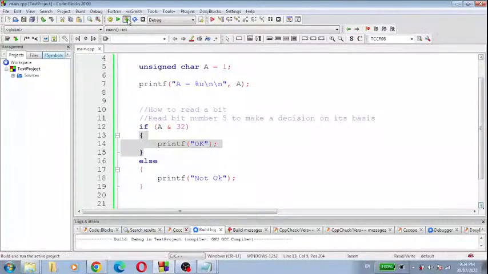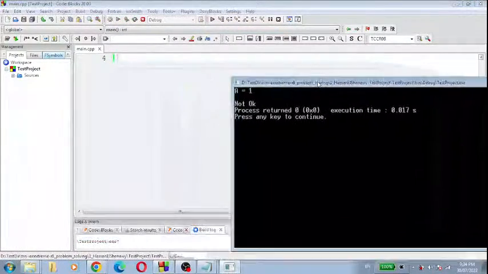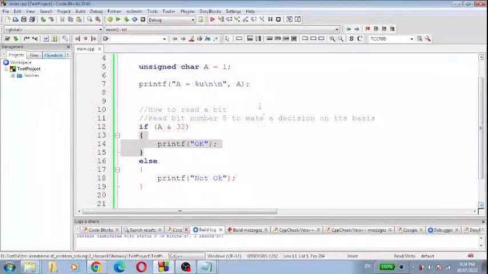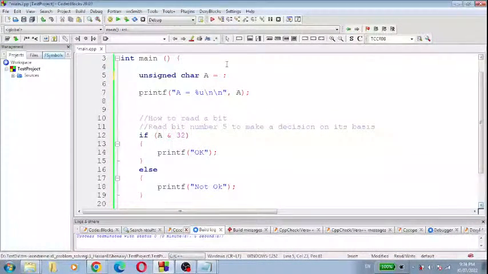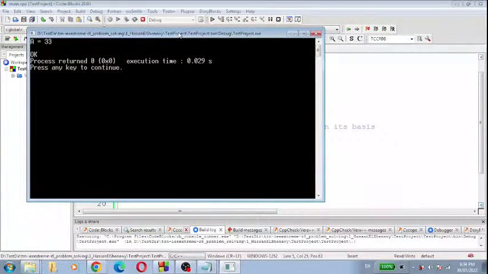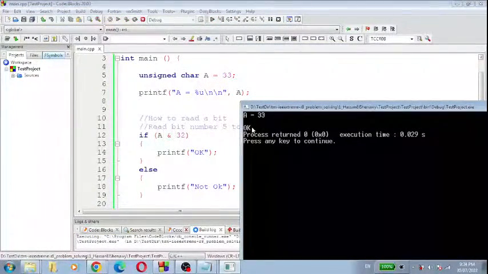So let's run this. So I have here a is equal to 1, then not okay. What happens if I change this to 33 and run this again? So now I have okay printed on the screen, so it works.